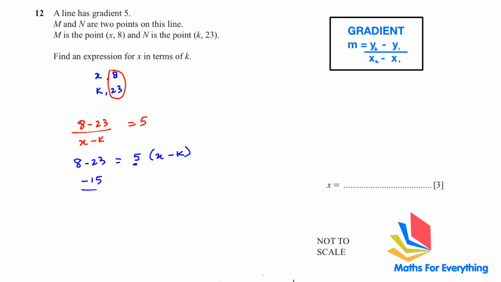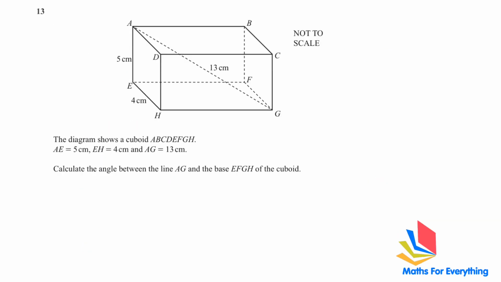This is a multiply, you move to the other side, it will be a divide, is equal to x minus k. You will get negative 3 is equal to x minus k. K, bring to the other side, it will become positive. So k minus 3 is equal to x. So that's our answer. x is equal to k minus 3.